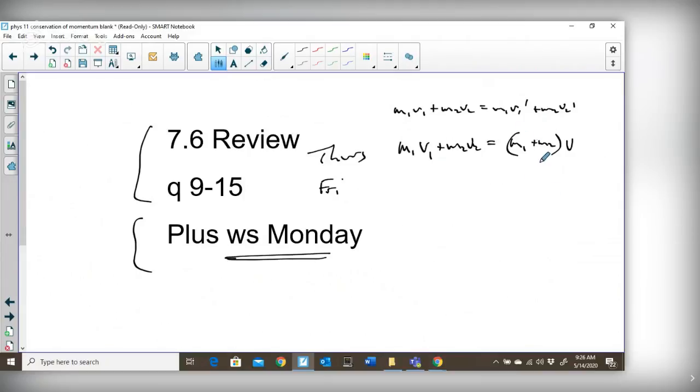So this is, they're sticking together. Or we have m1 plus m2 times v is equal to m1v1 prime plus m2v2 prime. Here, this is the explosion. Three forms, sort of, just one equation, really.